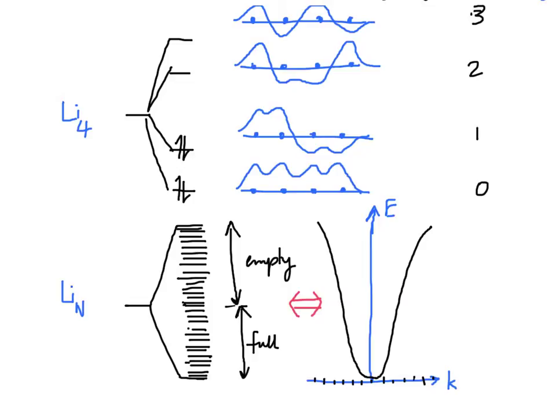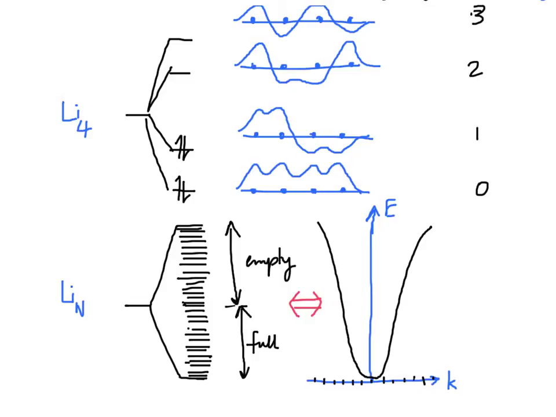Of course, we note that we've made several simplifying assumptions over here. We've assumed that each lithium atom is contributing a 2s orbital, and these N 2s orbitals combine together in N different ways, creating our wave functions and hence our band and the band structure.